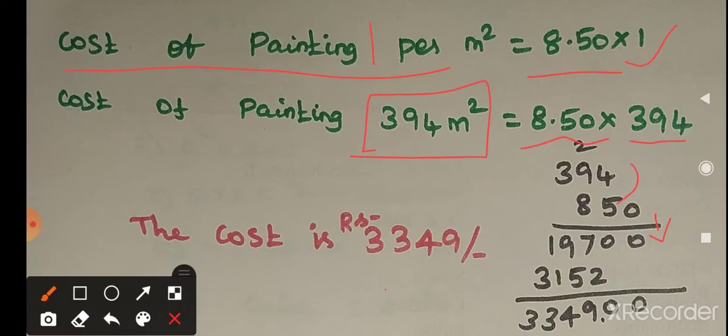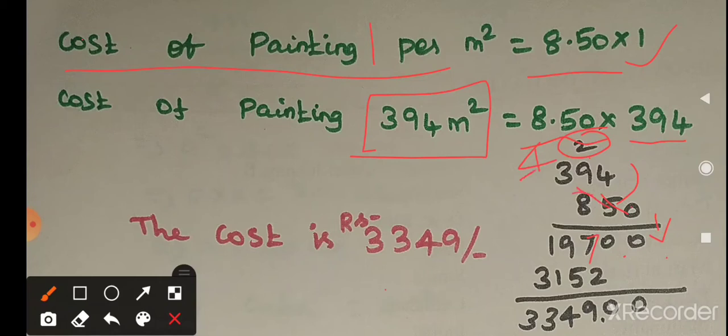5 into 4, 20, balance 2, here 0. Then 5 into 9, 45, plus 2, 47, balance 4. 5 into 3, 15 plus 4 is equal to 19.